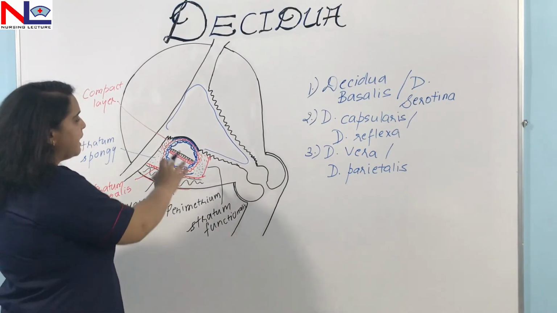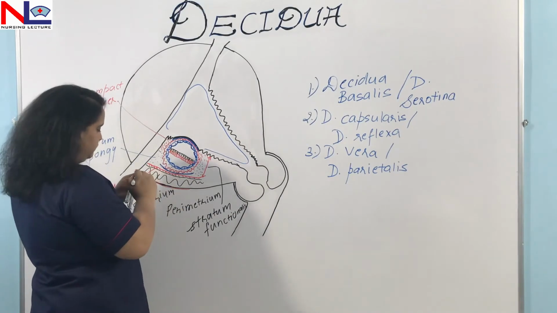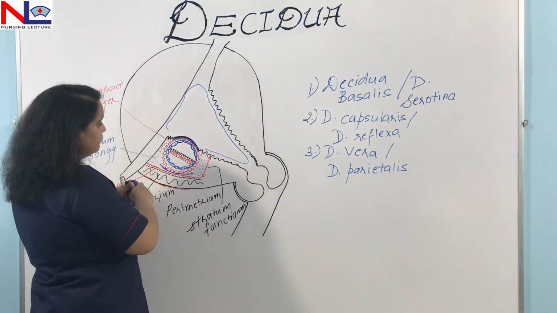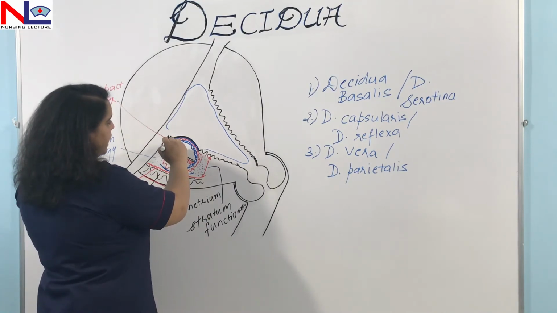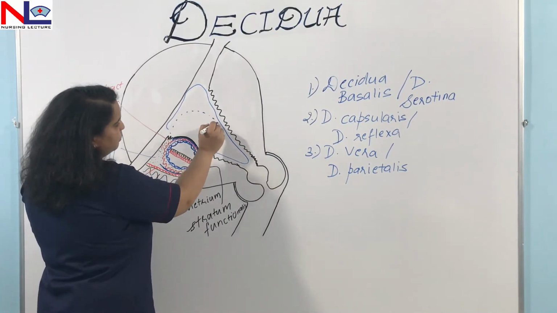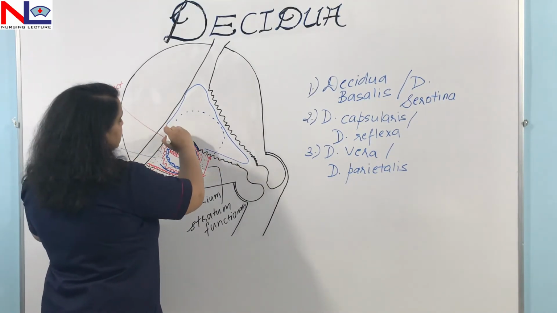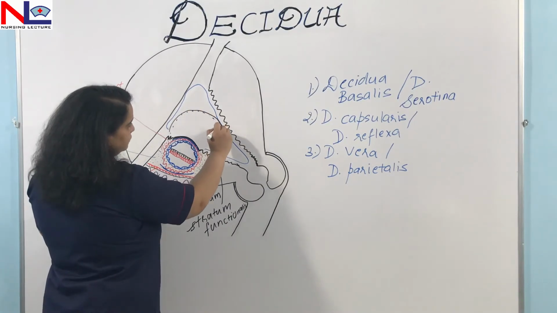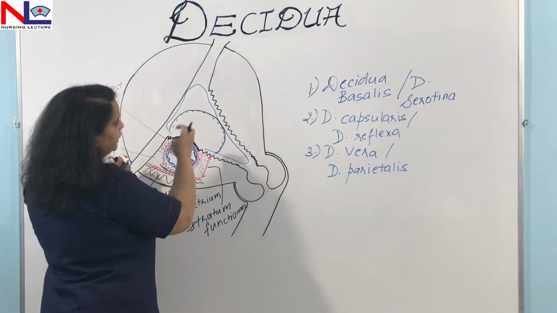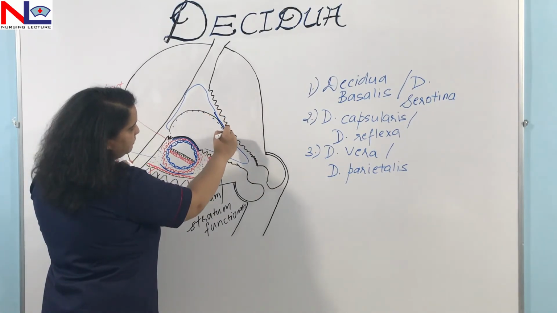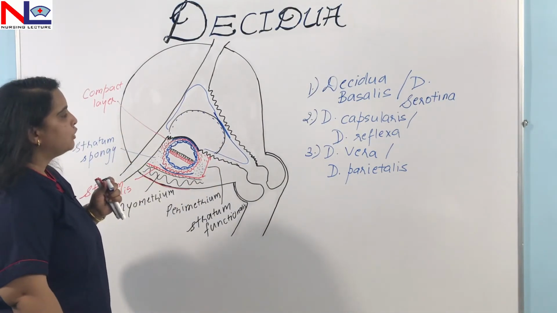Now what is happening as this blastocyst grows more and more? This capsular layer and this vera layer, that is parietalis, become fused together, and that happens around the 4th month.